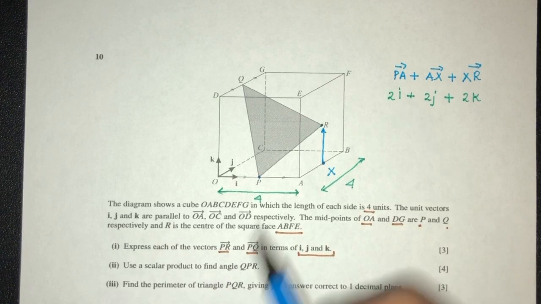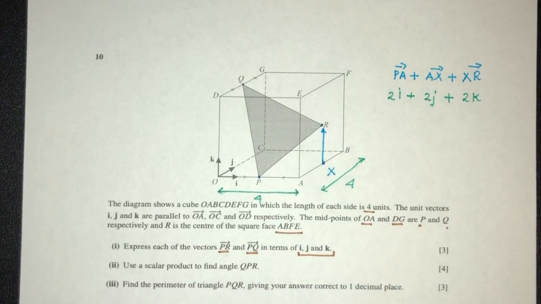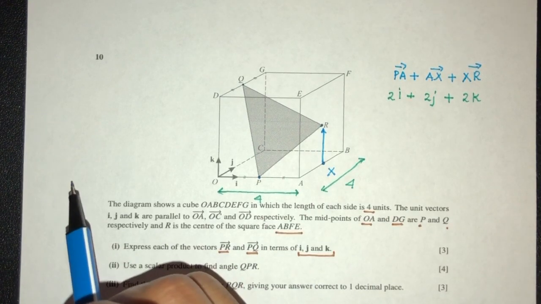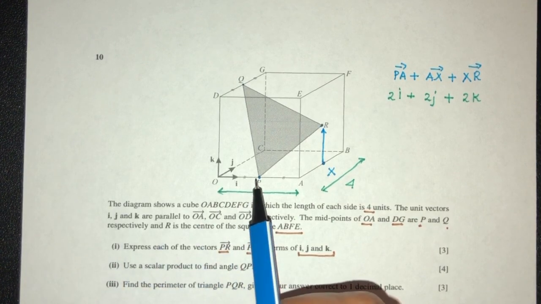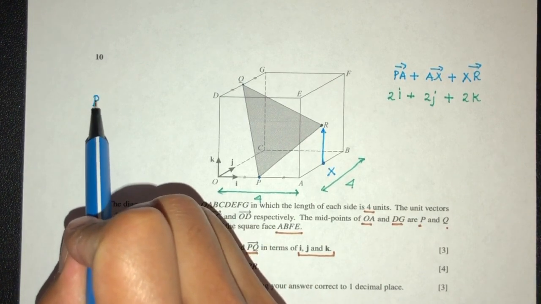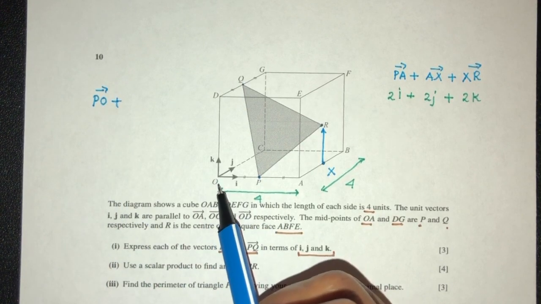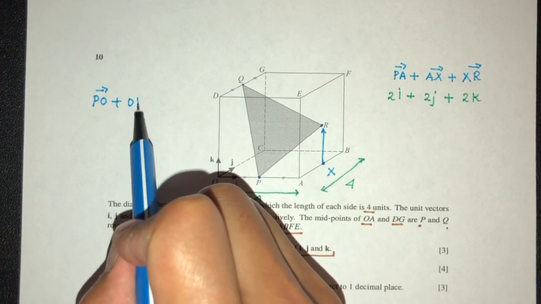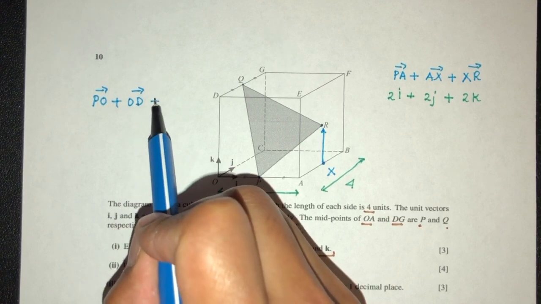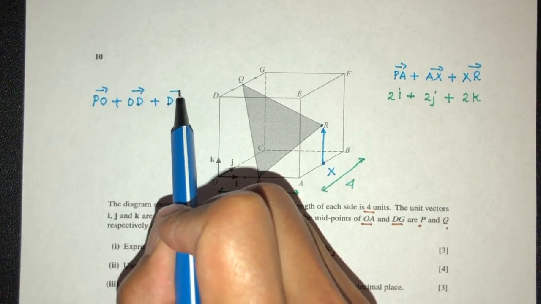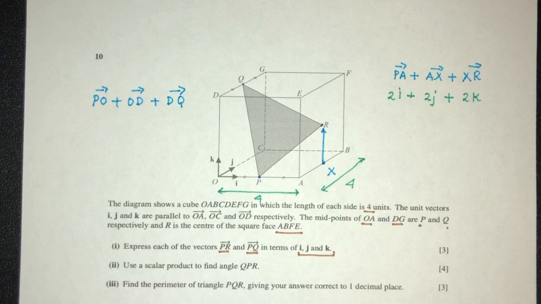Now we have to find PQ, so P going to Q. So again, step by step. First thing I can do is move P going to O, and then O going to D, right? And then D going to Q. So I can move from P to Q. Okay, so let's see now.